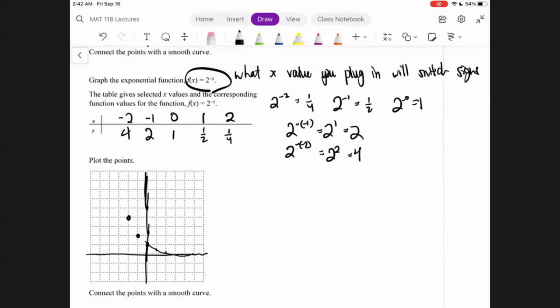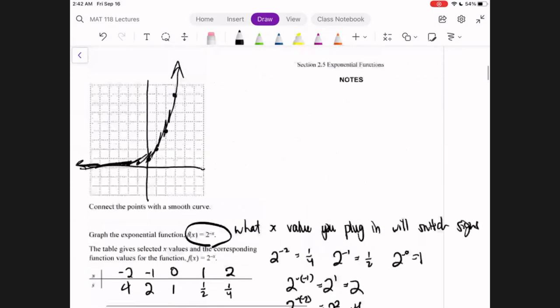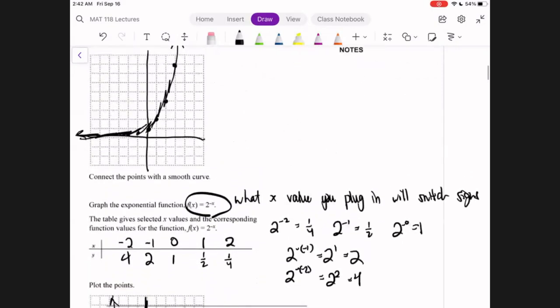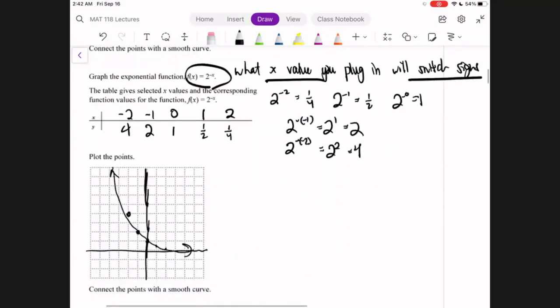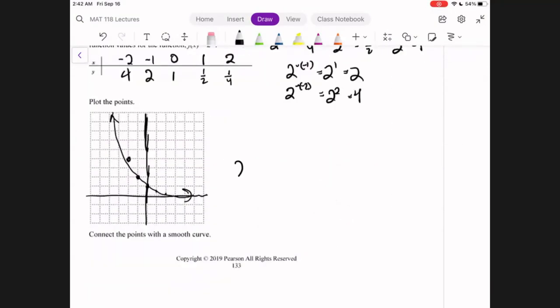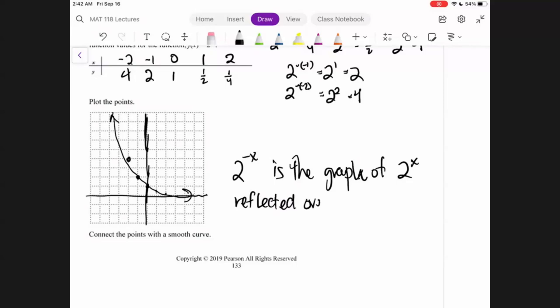So it looks like kind of like this, but it's kind of flipped, right? You think about it, when we switch the signs for the x value, it's kind of like we're flipping it over. So 2 to the negative x is the graph of 2 to the x reflected over the y-axis.